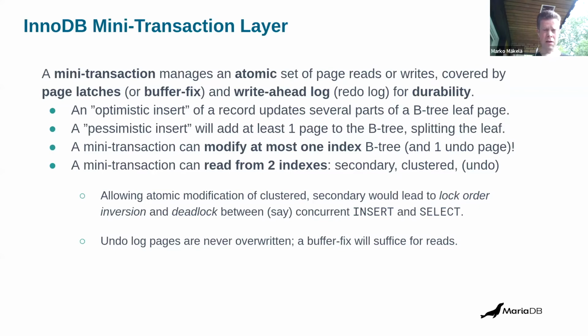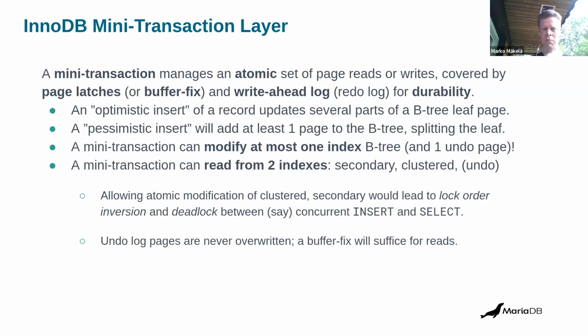For example, we have the concept of optimistic operation in InnoDB. If we insert a record normally, or in the optimistic case, the record will fit in a B-tree leaf page. We can just modify that single page and that's it. But it's not that simple either.